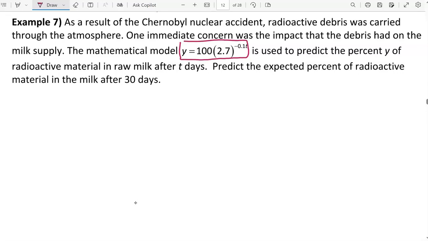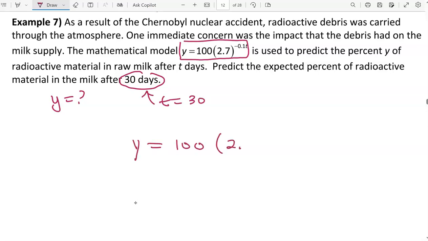So we are predicting the expected percent of radioactive material in the milk after 30 days. So that means we want to know what y equals when t is equal to 30. So y is equal to 100 times 2.7 to the negative 0.1 times 30.